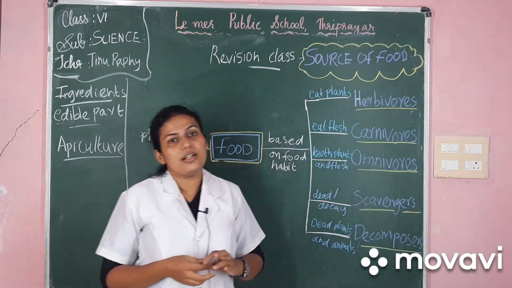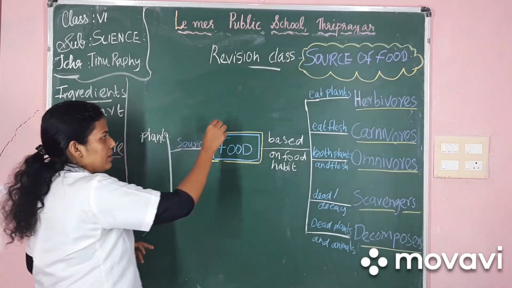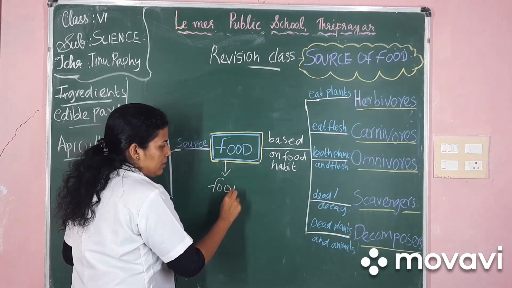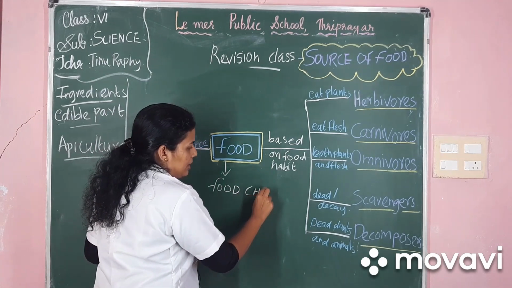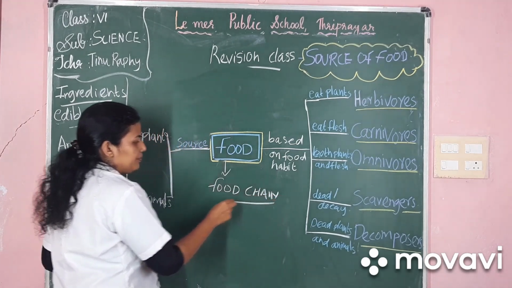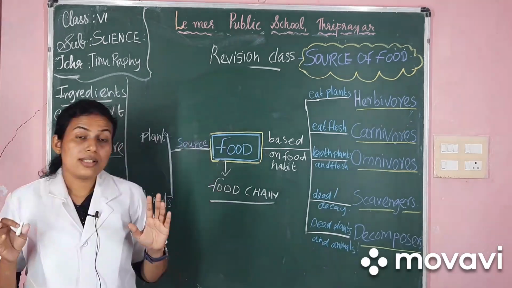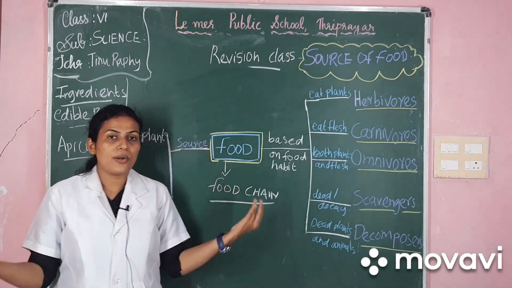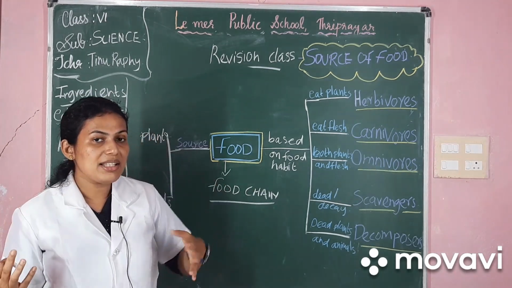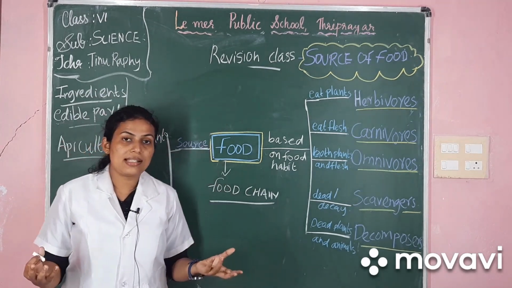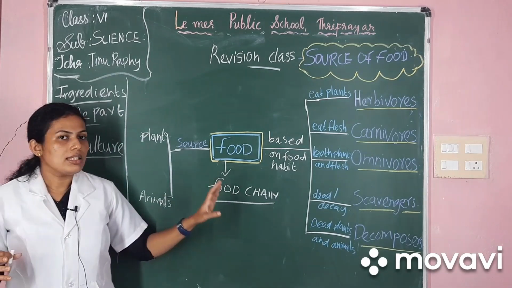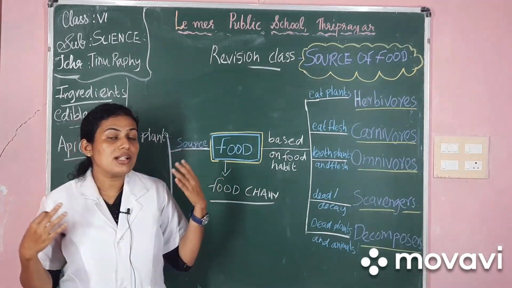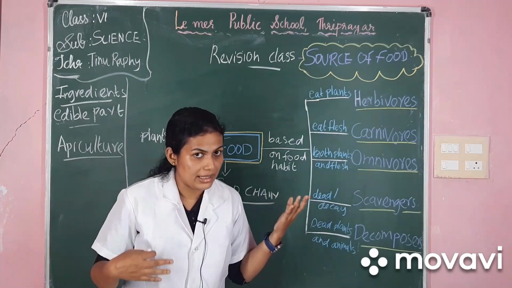Now later we learned about food chain. We know that the sun is the ultimate source of energy, and all other organisms, both plants, animals, bacteria, all the organisms get energy from this sun. We know that animals cannot use the energy from the sun directly.